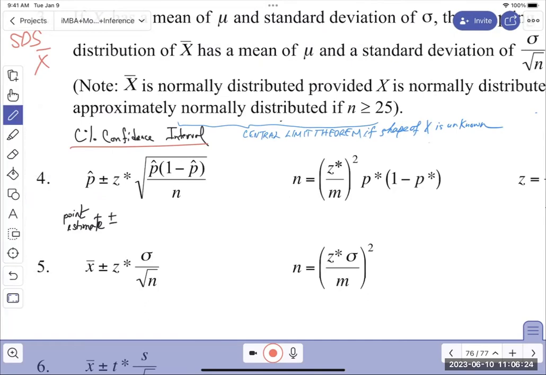And we add and subtract what we call the critical value: how many standard deviations you need to be away to get C% in the middle. And this is the standard deviation.